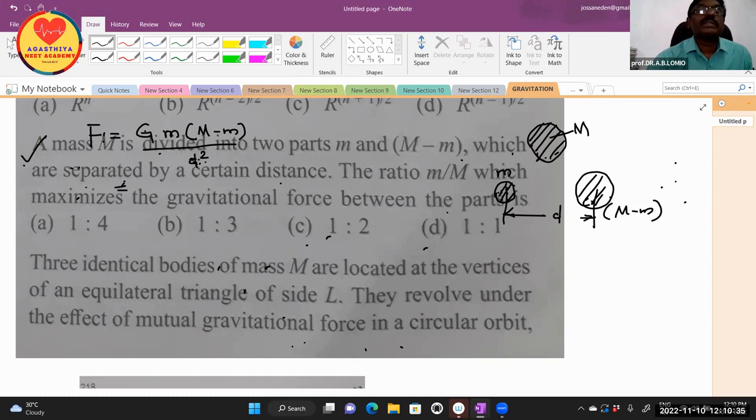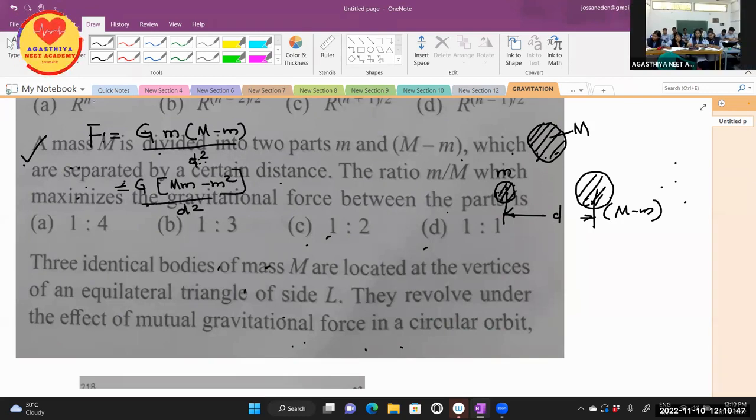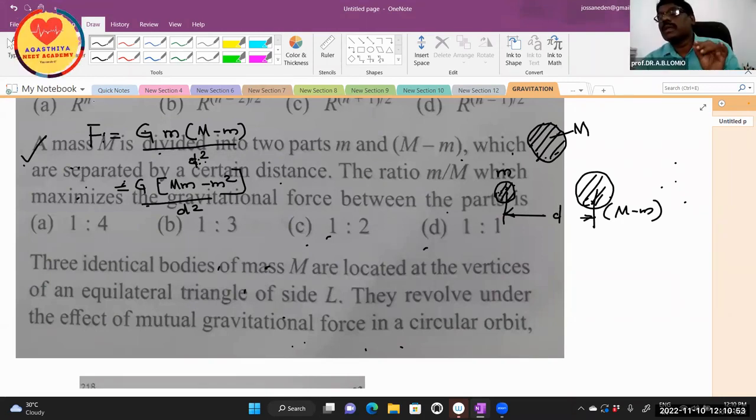Multiplied out, this is G times capital M small m minus m squared, divided by d squared. The question is, what is the ratio of small m divided by capital M, so that F is maximum?